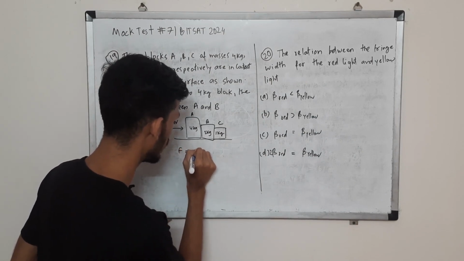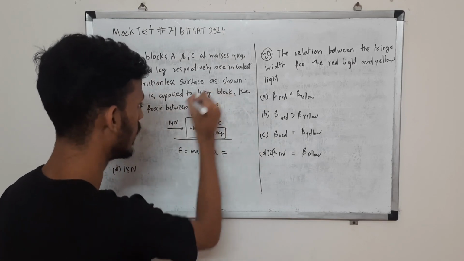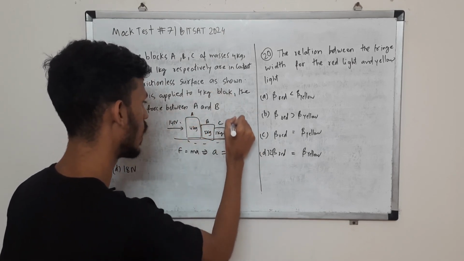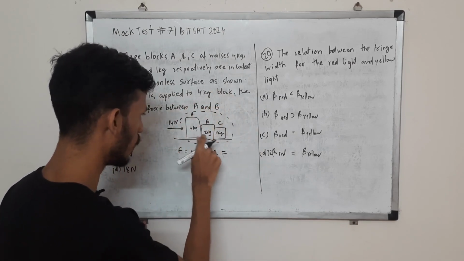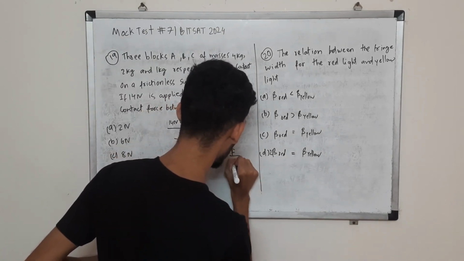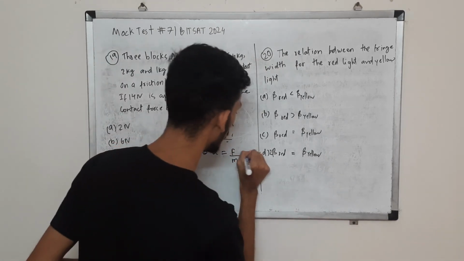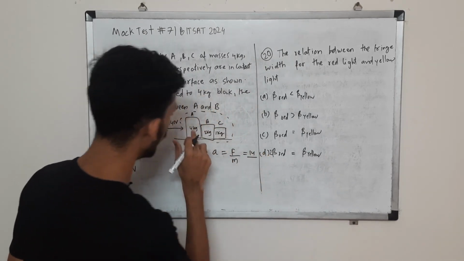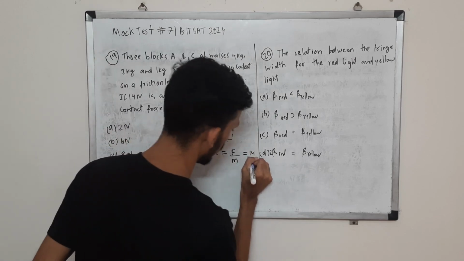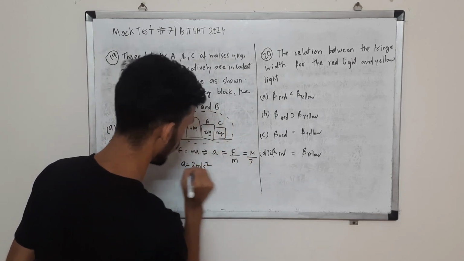Force is equal to mass into acceleration, so the acceleration of this entire system, treating them as one block of 4 plus 2 plus 1, 7 kg, will be force by mass. Force is 14 newtons and total mass is 4 plus 2, 6, 6 plus 1, 7. So the acceleration is 2 meters per second square.